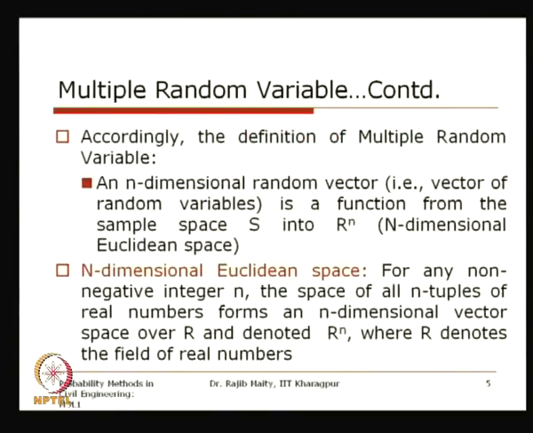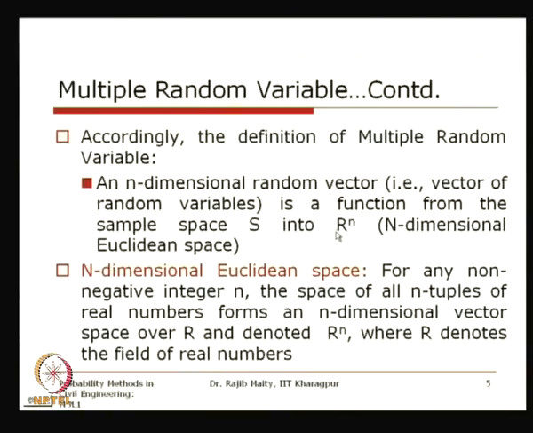Accordingly, the definition of multiple random variables can be stated as an n-dimensional random vector, that is, a vector of random variables is a function from the sample space S into Rn, where Rn denotes n-dimensional Euclidean space. As I told you, it will be easier for us to first conceptualize it in the two-dimensional case.